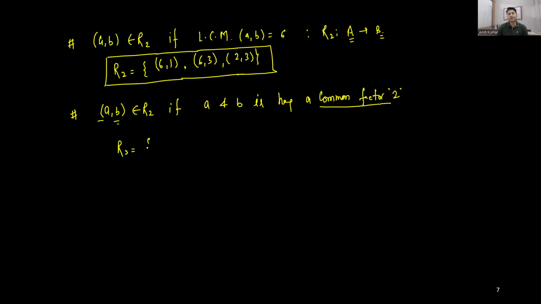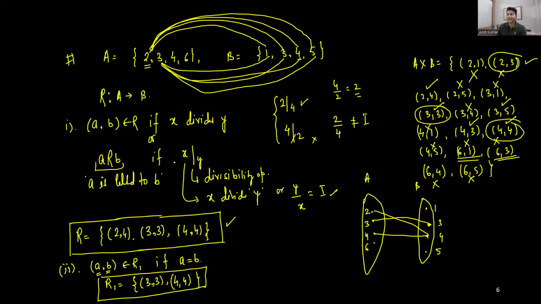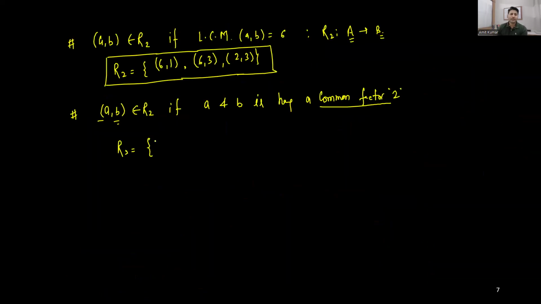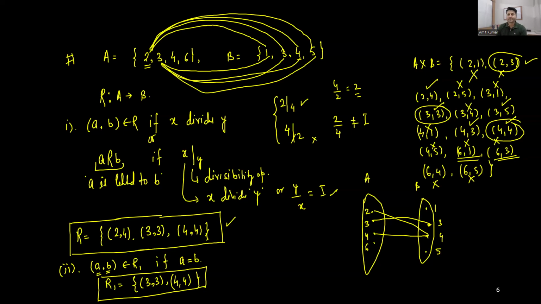What are the elements in your R? What are those ordered pairs in which both A and B are divisible by 2? Both A and B are having one common factor which is 2. So move back and let us see. 2, 1 is not there, 2, 3 is not there. Yes, 2 comma 4 will be there because 2 and 4 both have common factor 2. 2 divides both of the things.